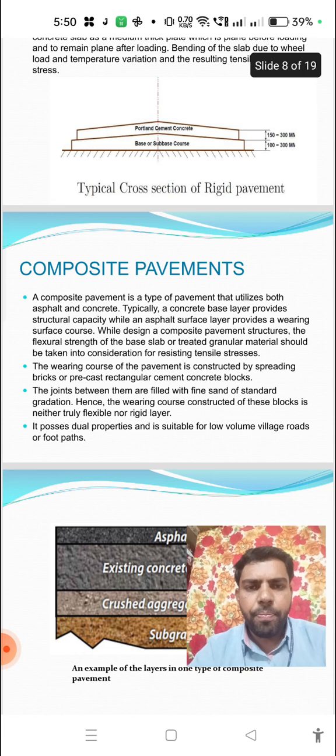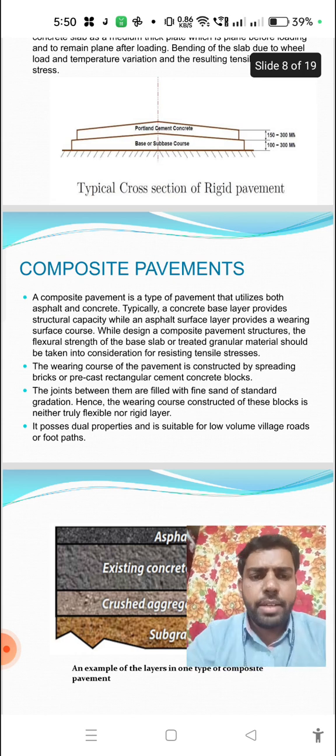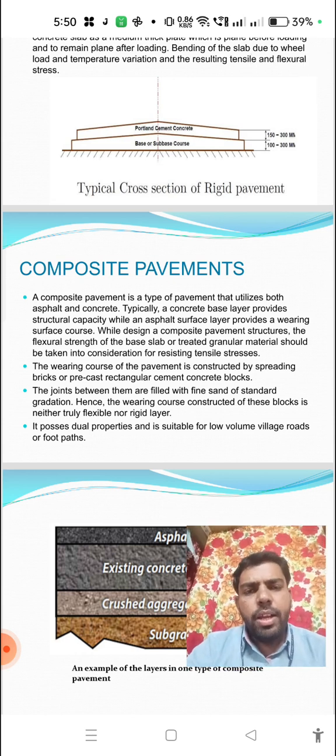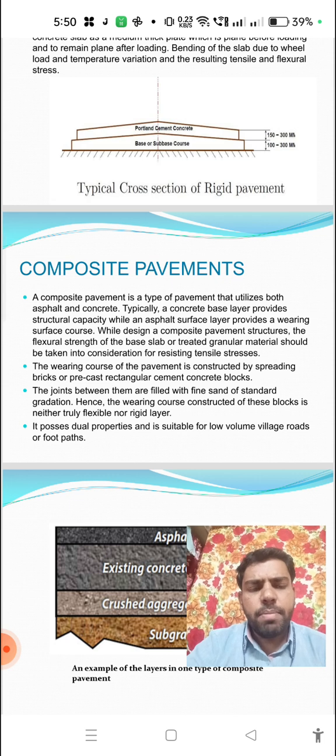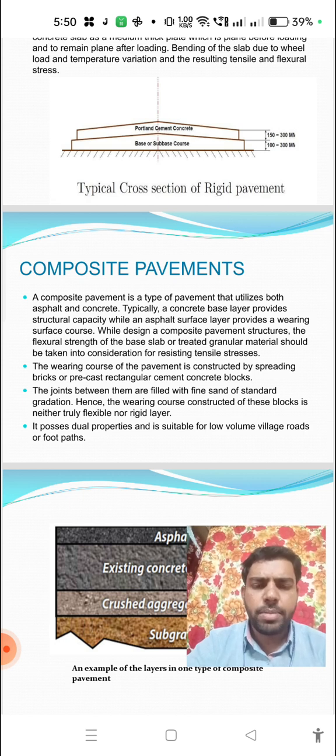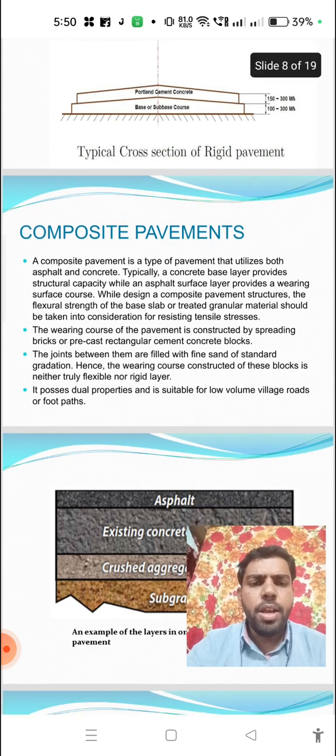And coming to the next one, composite pavement. Simply said, it is a combination of flexible and rigid. We construct a number of layers like flexible pavement, but on that flexible pavement we directly lay concrete material on the top surface, and above the concrete we also place a bituminous layer.